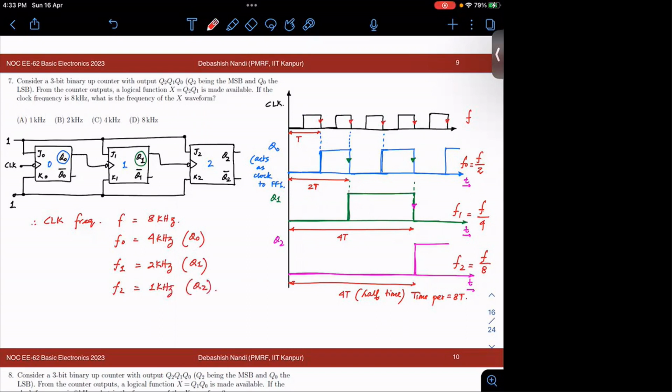So what is the question? Question is that if a logical function x equal to Q2 Q1 is implemented, what is the frequency of x?